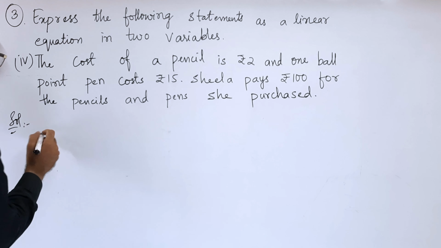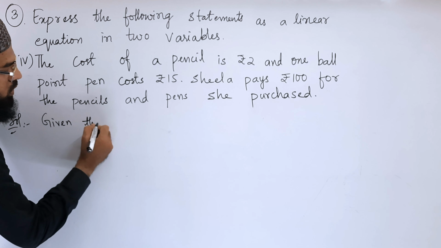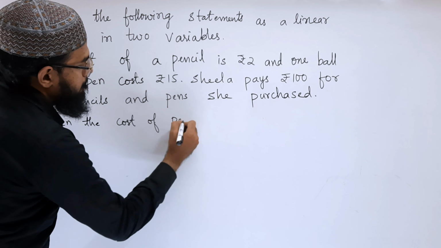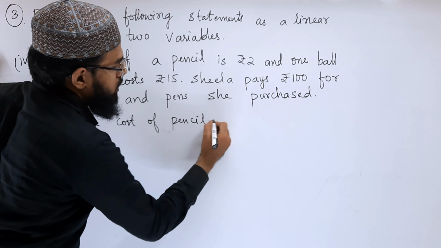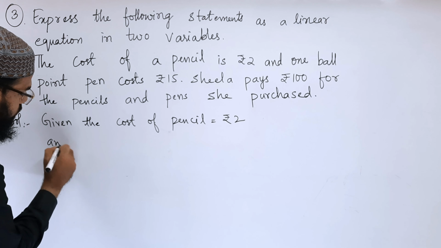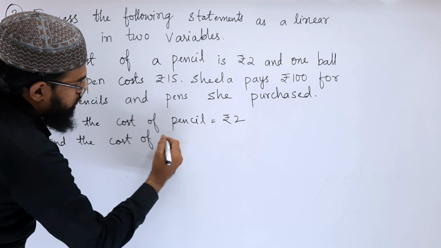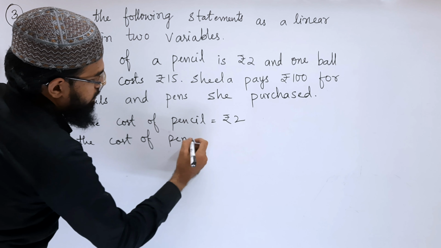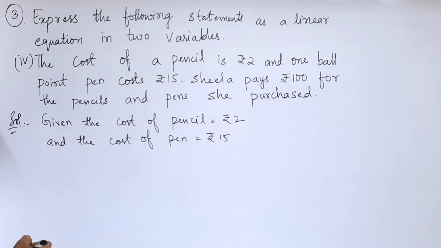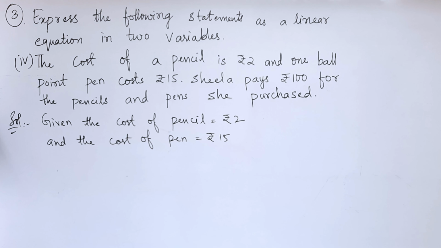In solution, let us write, so what is given? Given the cost of pencil is equals to rupees 2 and the cost of pen is equals to rupees 15. Then next, we don't know how many pencils she bought.